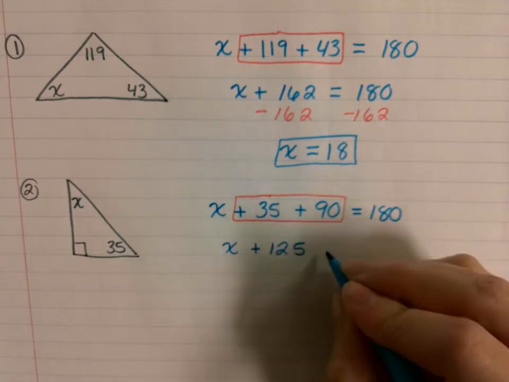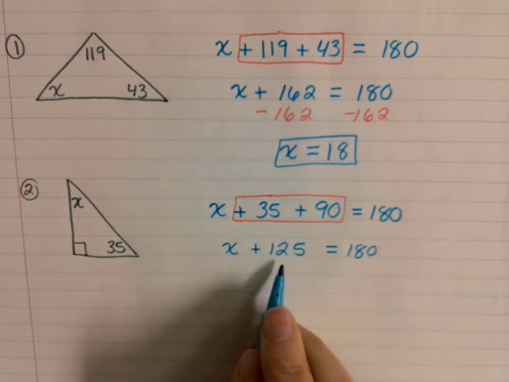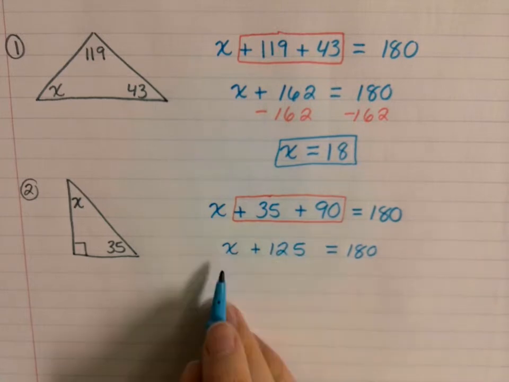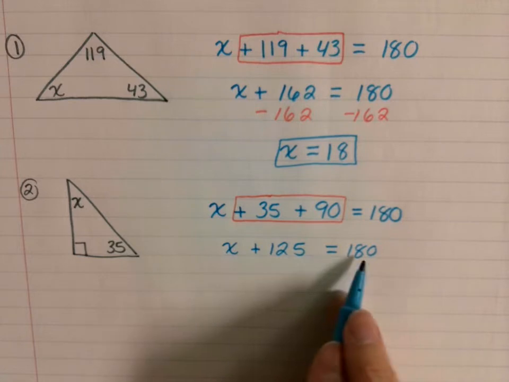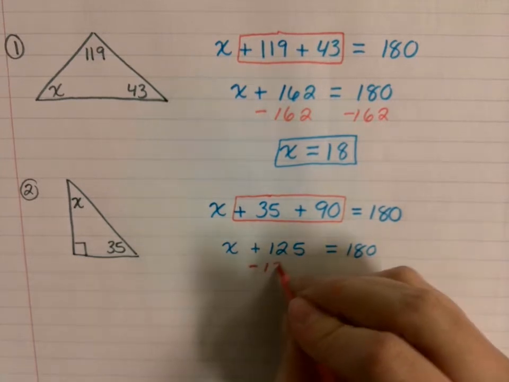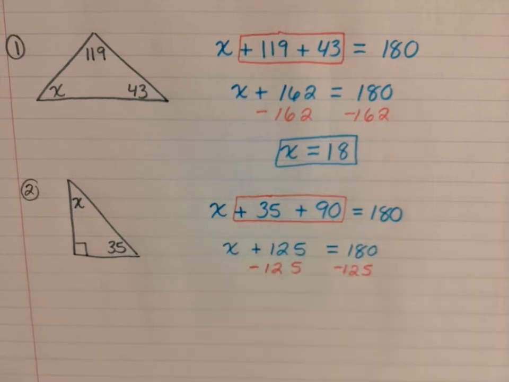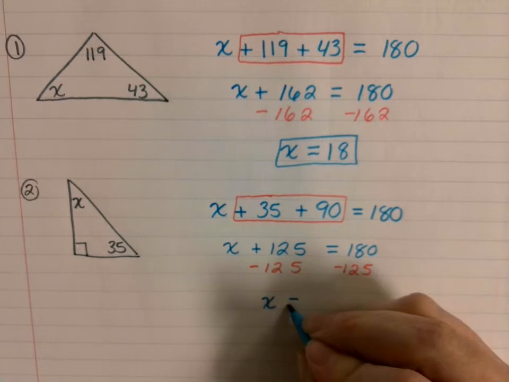I get x plus 125 is equal to 180. I'm just going to subtract 125 from both sides. And we'll get x is equal to 55.